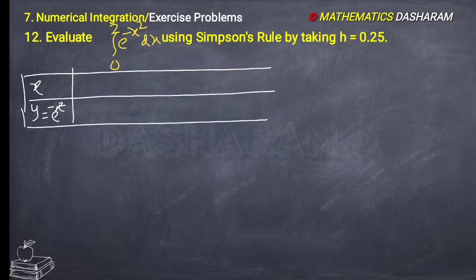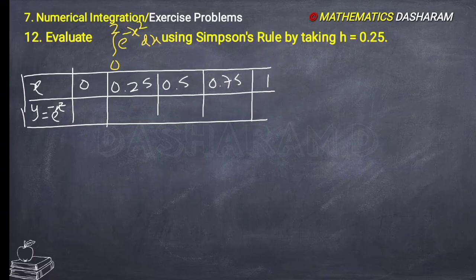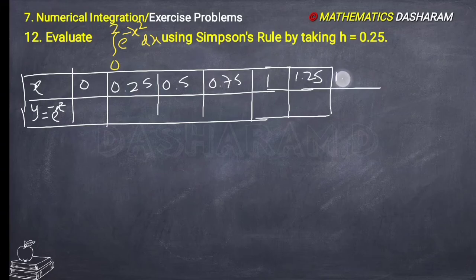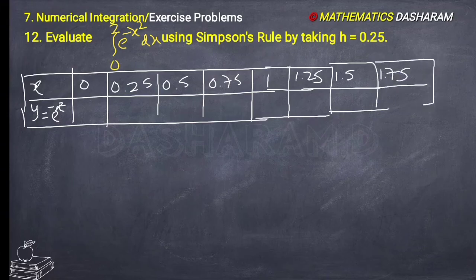So the first x value is 0, next x value is 0.25 because we increase with h. So next one 0.5, next one 0.75, next 1, next 1.25, next 1.5, next 1.75, next the last one, 2.